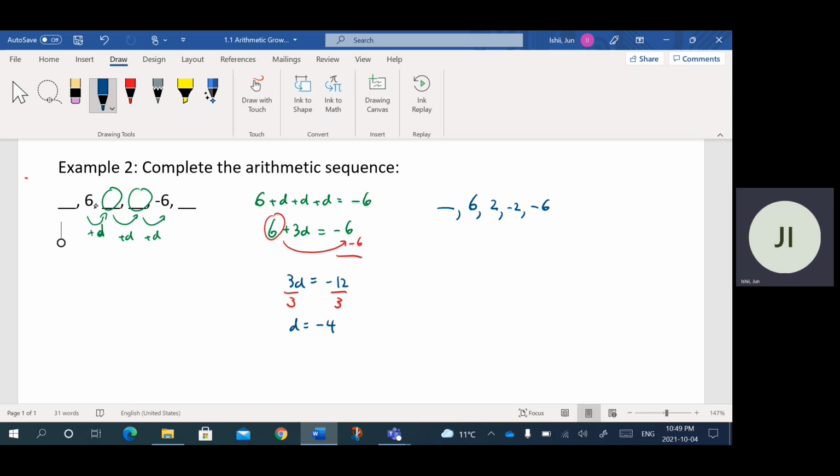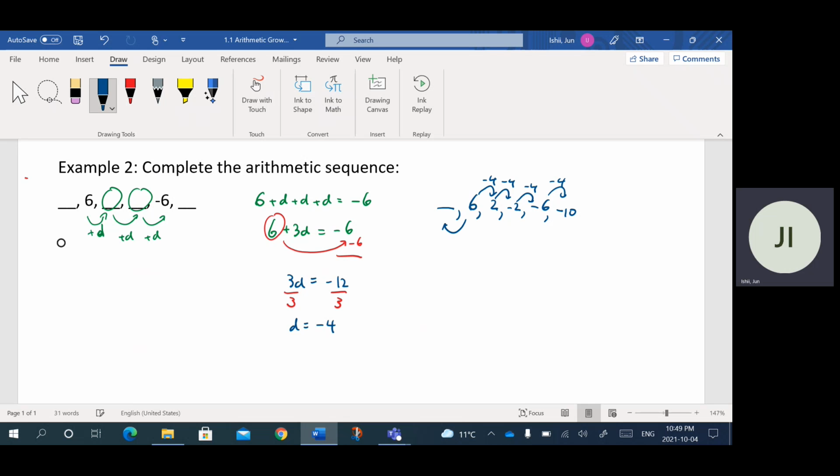So you can see here 6, 2, -2, -6. That will follow this pattern. And if I want to go one step further, -6 plus -4 is going to take us to -10. Sorry, I didn't write that out, I was just kind of blabbing away. But visually, if you see it, I'm just subtracting 4 each time to get these numbers.